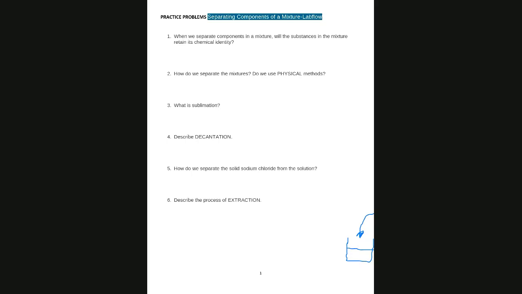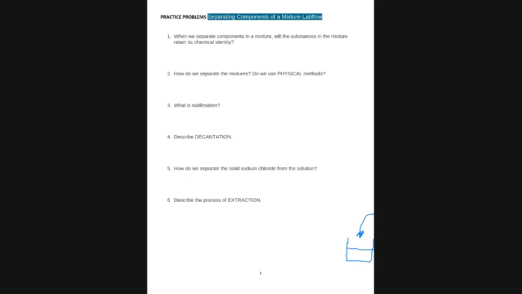When we had the sand and the sodium chloride, we knew that sodium chloride is soluble in water and the sand is not.